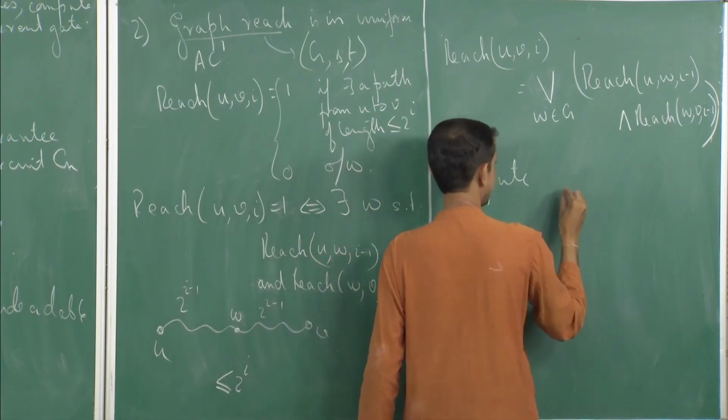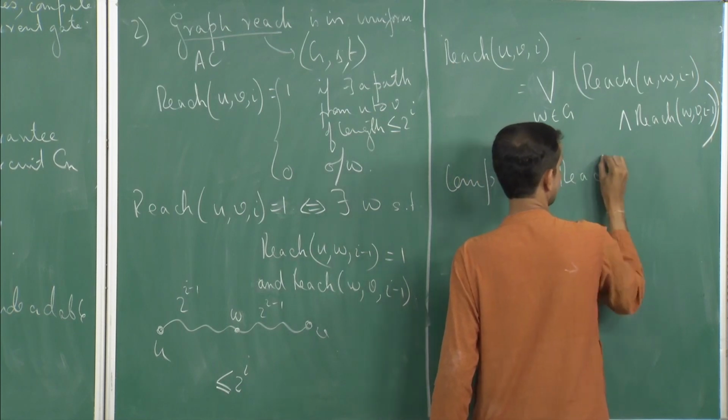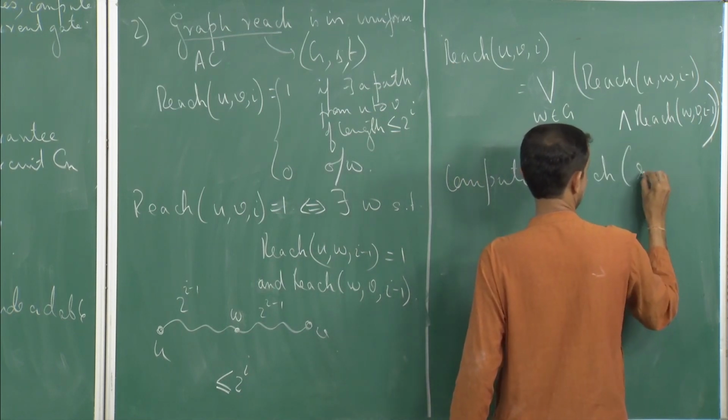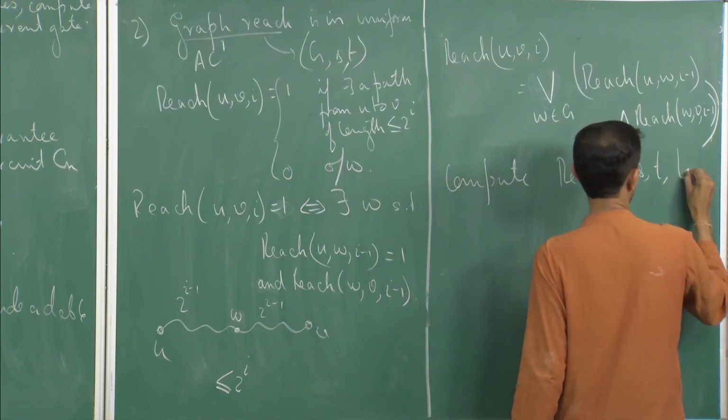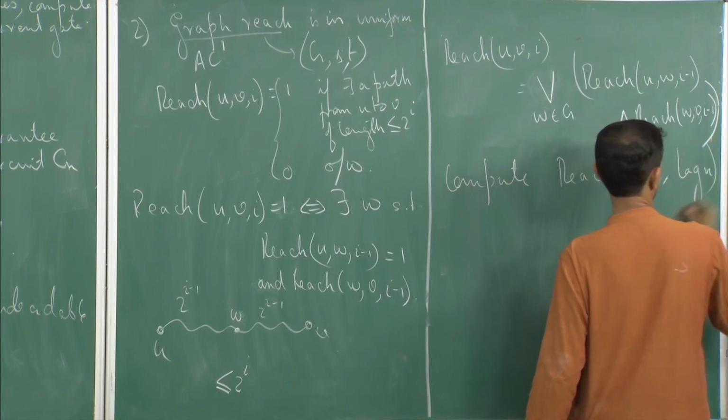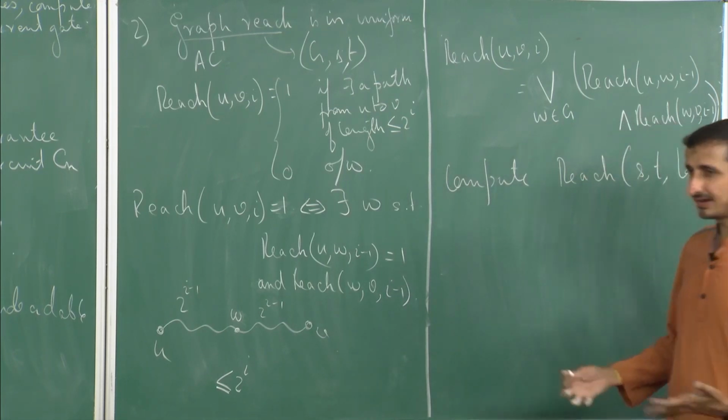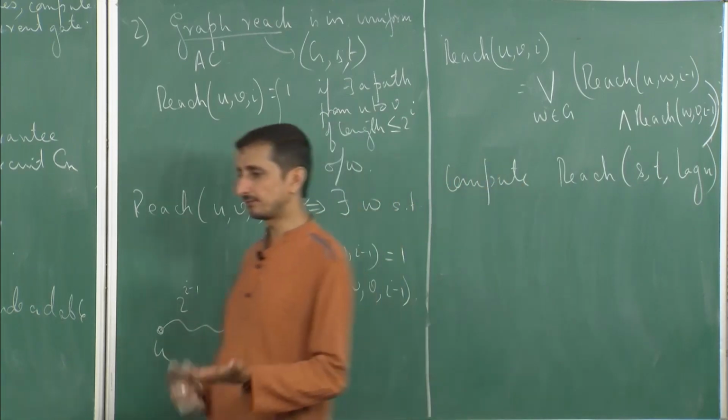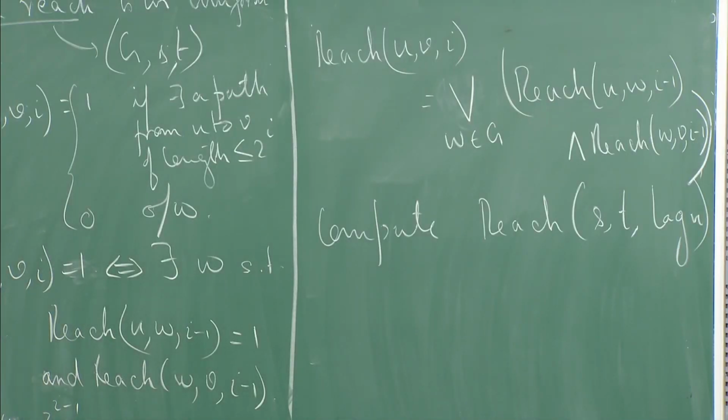So what we need to compute is reach(S, T, log n). Why log n? n is the number of vertices. The maximum length path in any graph is at most n minus 1, which is less than 2 to the power log n.